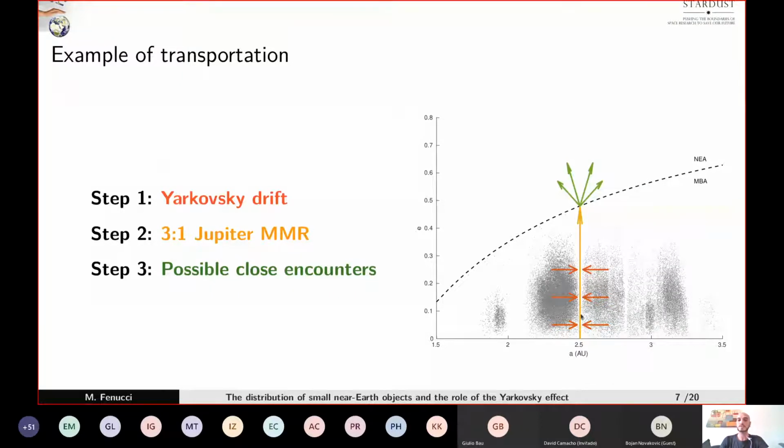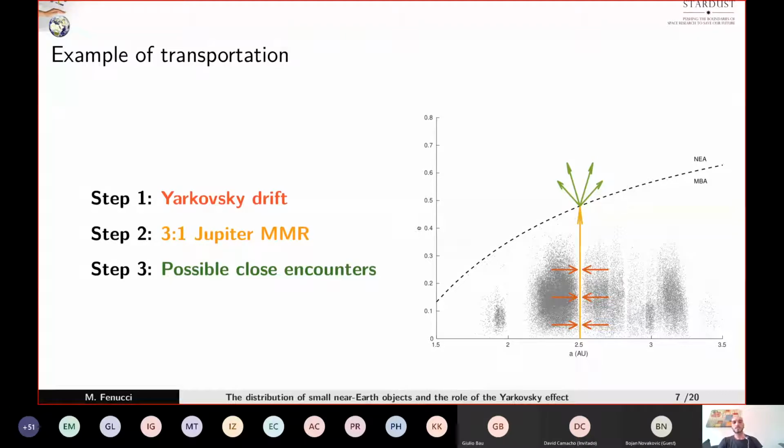Then, by effect of the resonance, the eccentricity is pumped up until the asteroid reaches the near-Earth region. In the near-Earth region, this asteroid can undergo close encounters with planets, which change all the orbital elements.